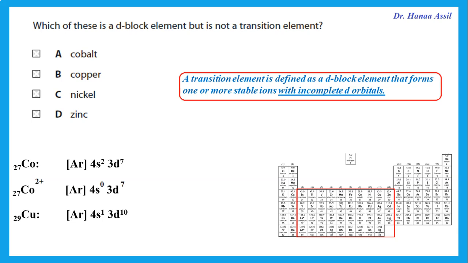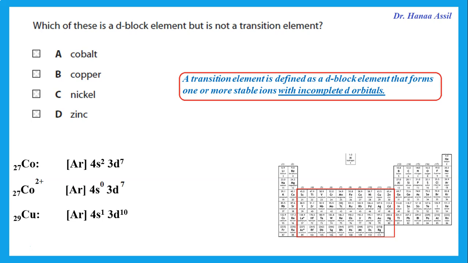So we don't say 4s2 3d9, we say 4s1 3d10. That means the 4s is half filled, that is still stable. The 3d now is completely filled, and that is stable. So this is the electron configuration for copper.